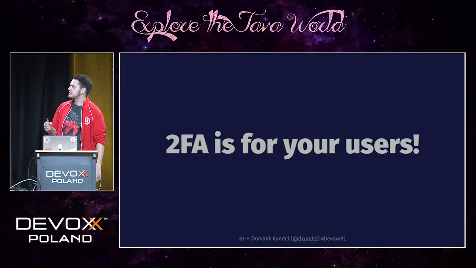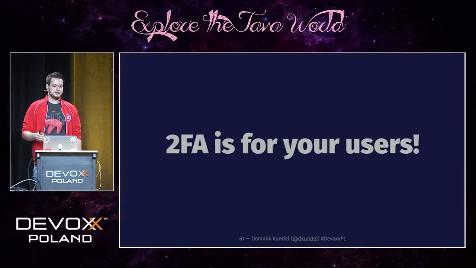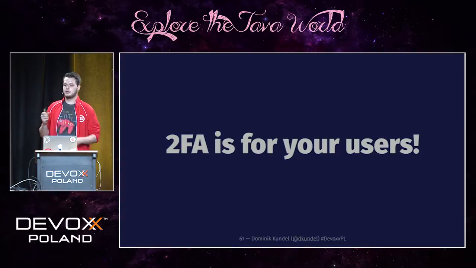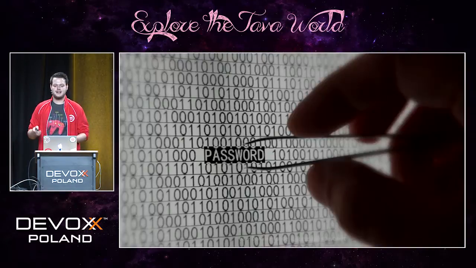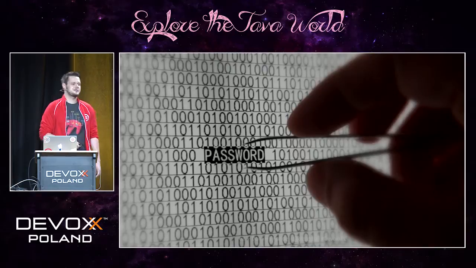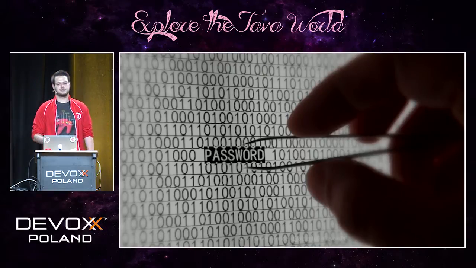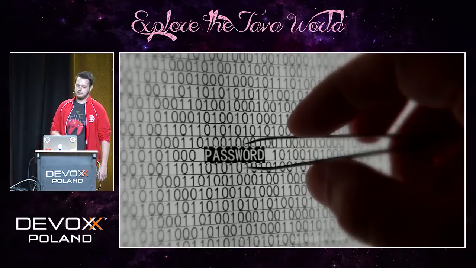Two-factor authentication is actually for your users. So it's to keep them safe from themselves, other websites, and mainly this person who appears to be able to pick passwords out of a binary stream using tweezers. And a very important skill.